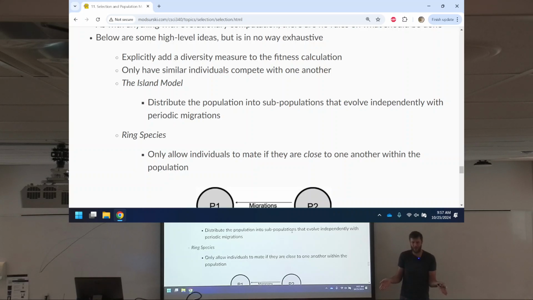If a bigger fitness value is good and a better diversity is good, you add them together, it's a bigger number that's more fit than one with less diversity. So that's an idea: explicitly measure diversity and add it to the fitness calculation.